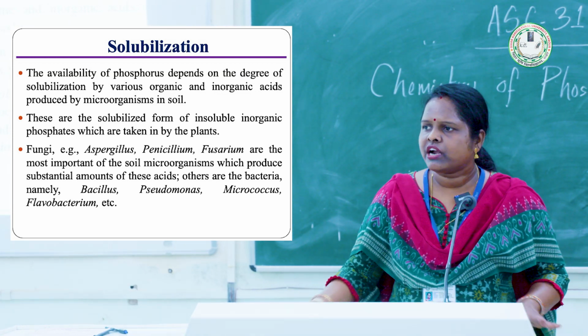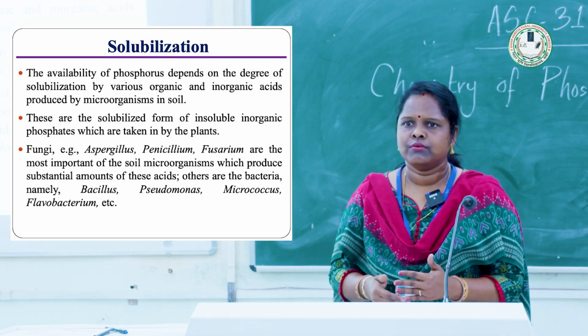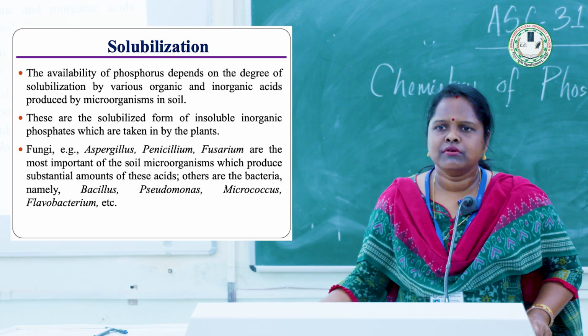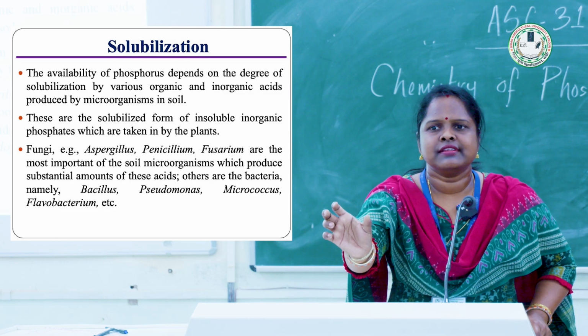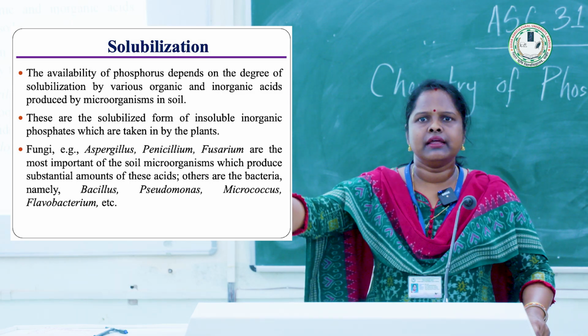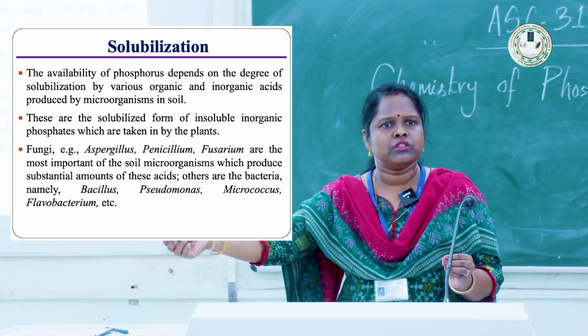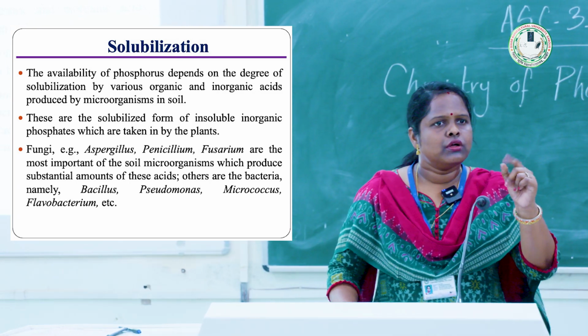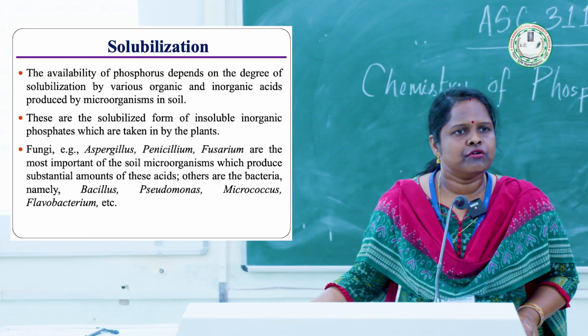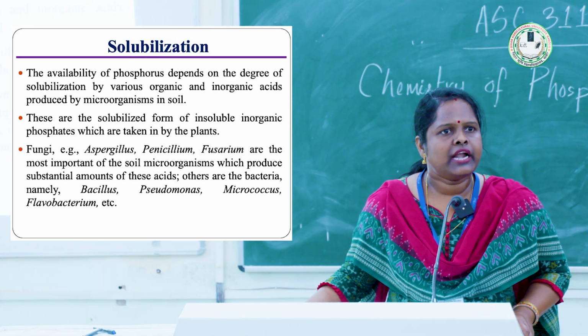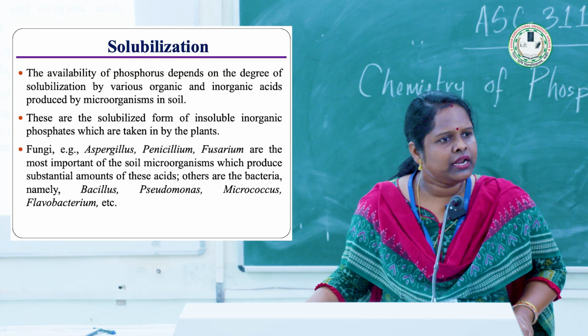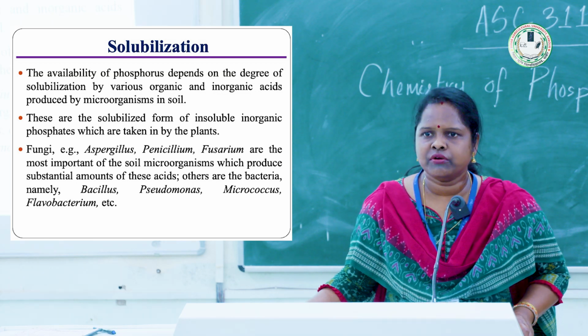Can you imagine what mobilizers do? What do they do? Mobility means movement from one point, the object is moving to another point. So these mobilizers are fungi specifically, and we call them vesicular arbuscular mycorrhiza.